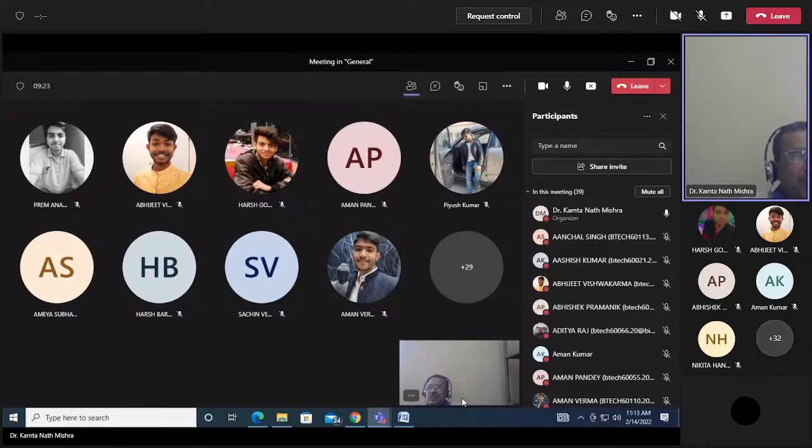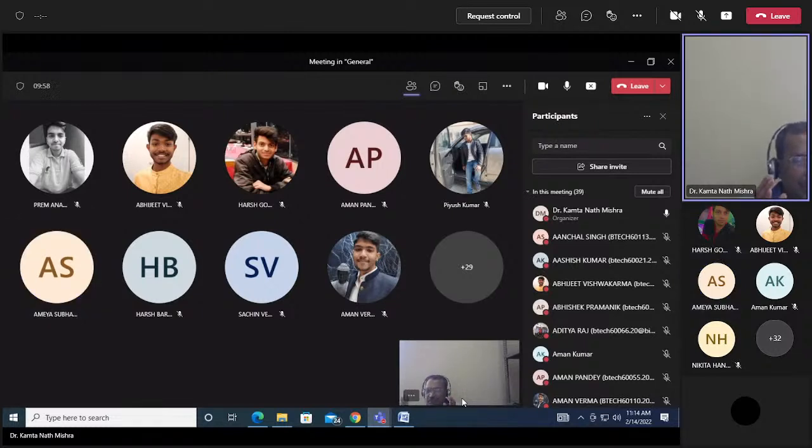And your colleague Aman Pandey has a note of 200 rupees. Is it a single note? Is it sorted or not? If he has only one, then it is sorted. And suppose Prem Anand has just one note of 100 rupees. Is that sorted or not? Yes, sir, it's sorted.